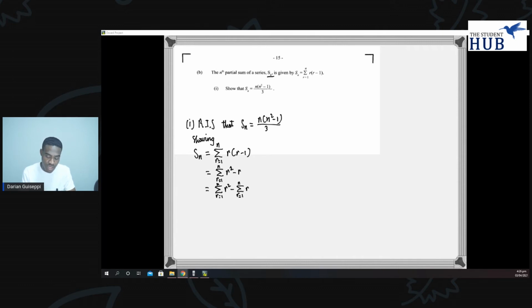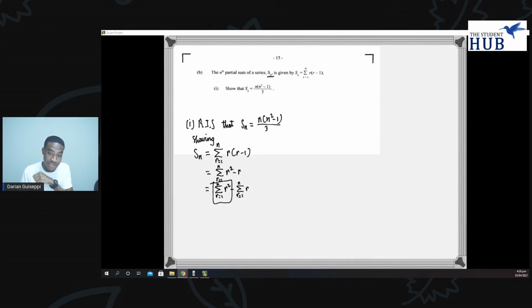That's cool. But now, when you look at these two things, they should look a little familiar. The sum from r is equal to 1 to n of r squared should bring up some memories. You should know these formulas by heart.